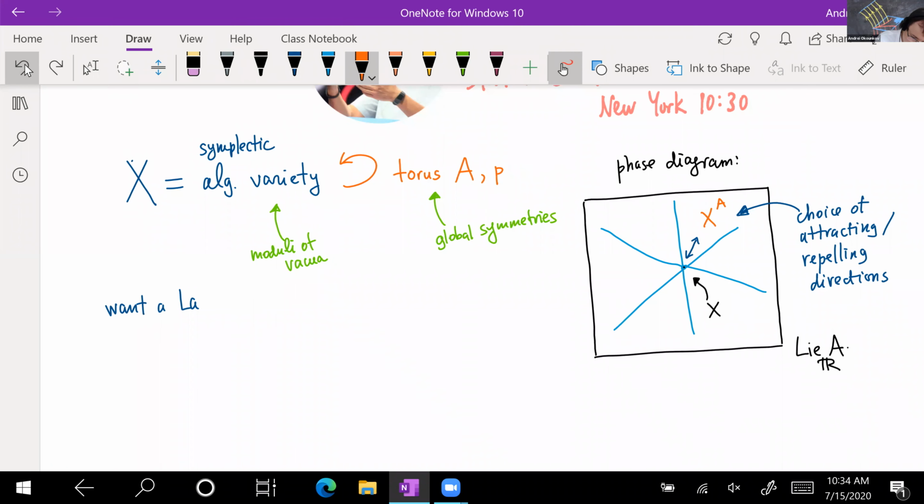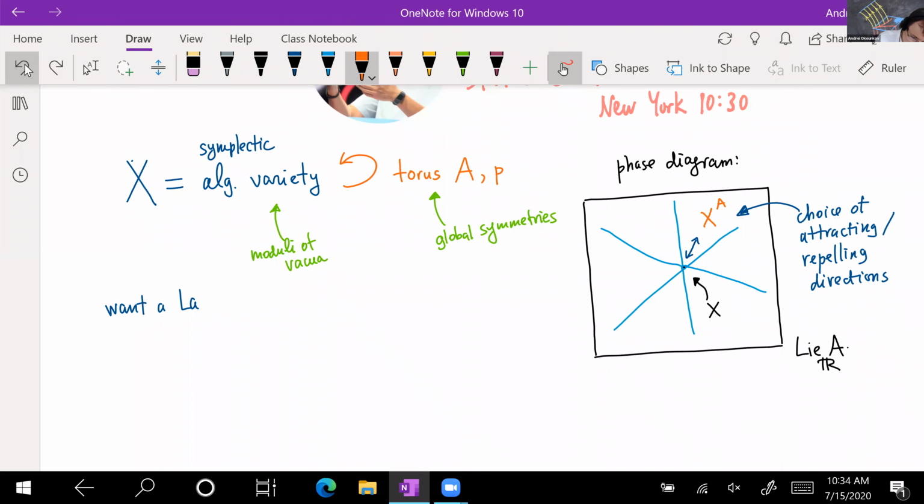Okay. And so then we define Xn as X from which we take out all the attracting manifolds. So we take the union over i greater than or equal to n of the attracting manifolds of each Fi.